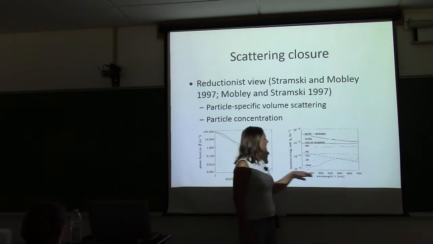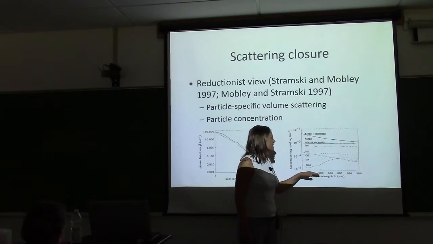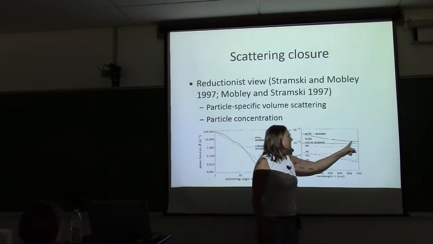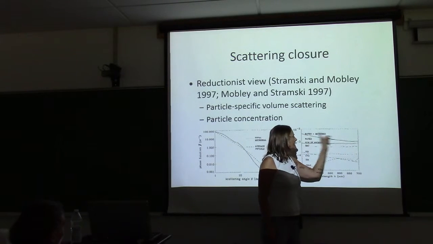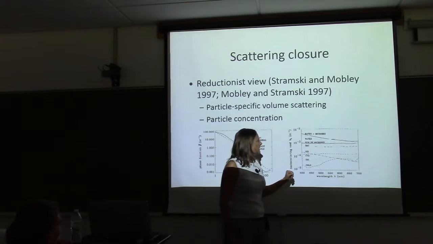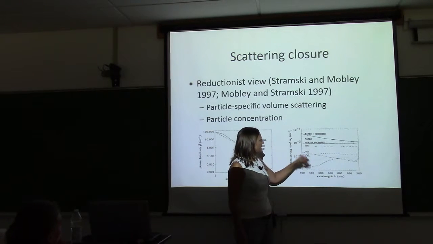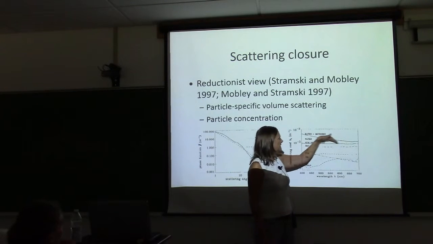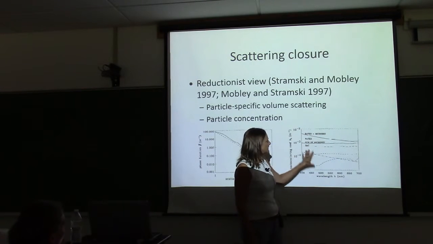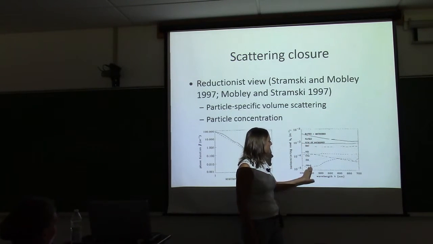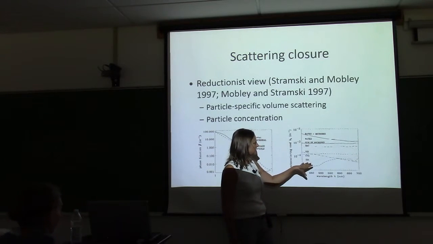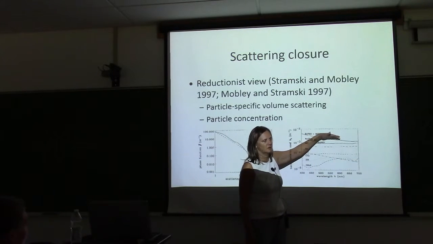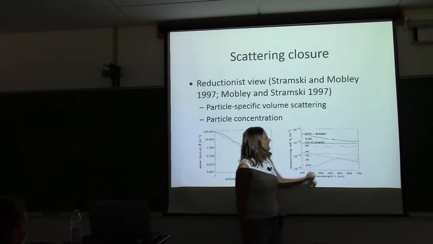And you can also model what the spectrum of scattering might look like. And here's the spectrum of scattering, and it's got some slope to it. So if we think about closure, and if we actually could measure this spectrum, and we could measure the various concentrations of all the materials in the water, we should be able to attain closure through these models.